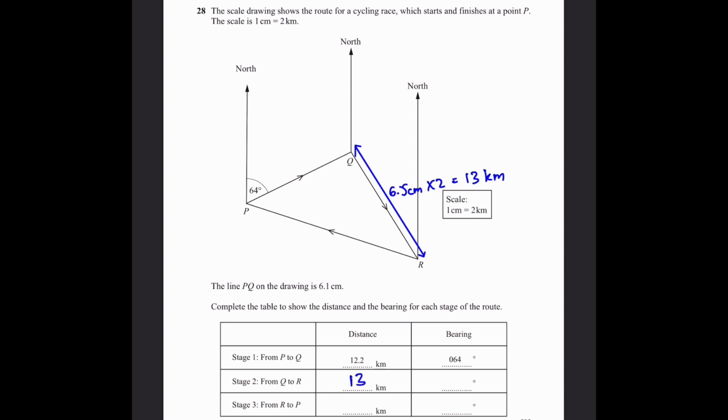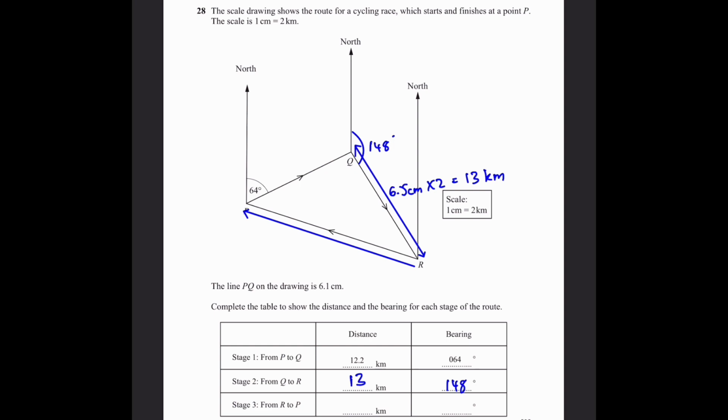That's the distance. Now the bearing is this angle here, because it's the angle from the north line of the stage from Q to R. It's from Q, and that's why it's at the point Q, clockwise from the north line. Now this angle, when you measure it, measures 148 degrees. That's what we'll write.